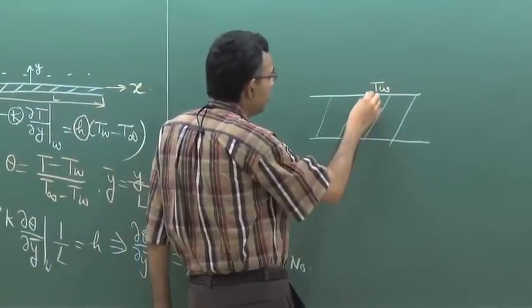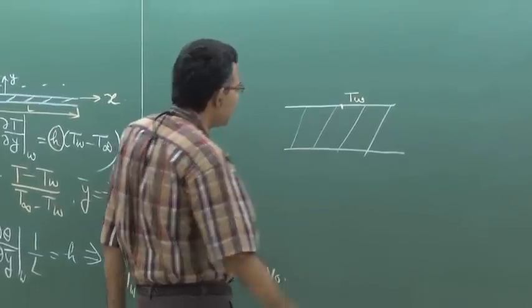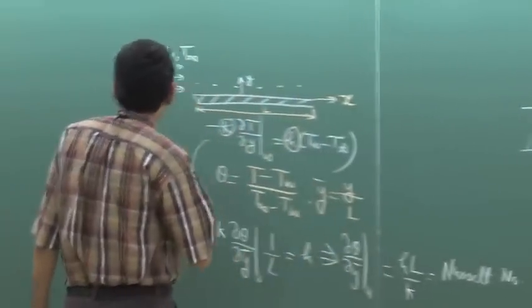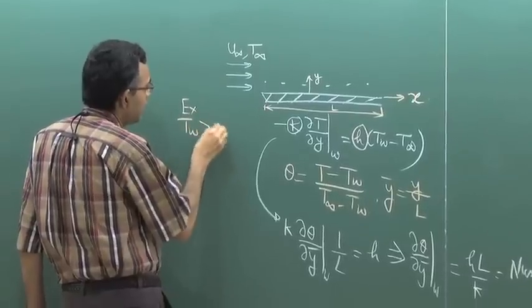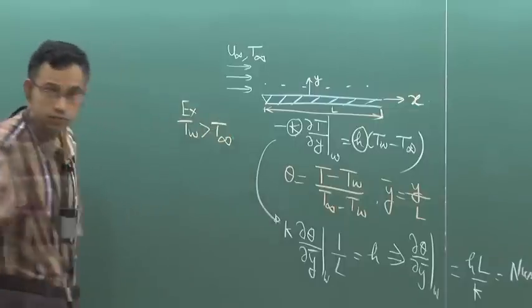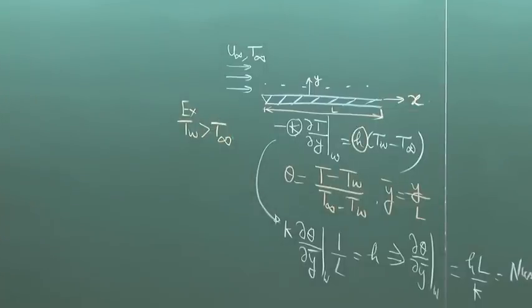So, if this is T wall, let us take an example that T wall is greater than T infinity. I mean, we can take two interesting examples. One is T wall greater than T infinity, another is T wall less than T infinity.